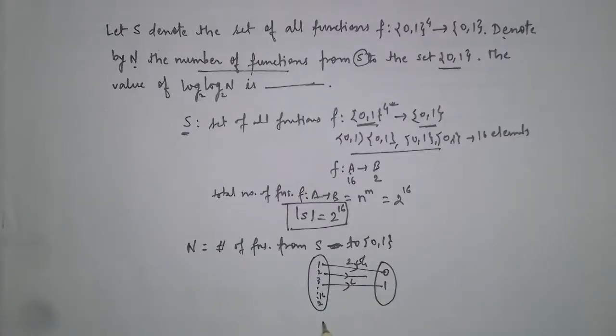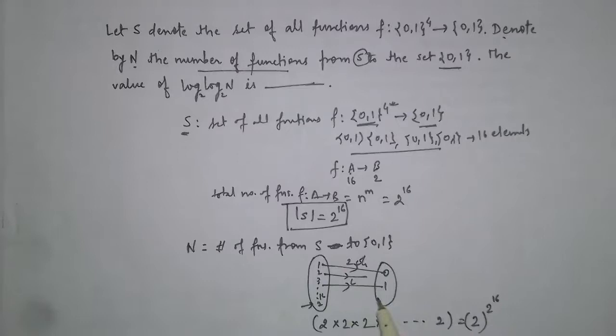So for the first element, 2 choices. For the second element, 2 choices. For the third element again 2 choices. For the fourth element again 2 choices. And for the last element, that is the 2 to the power 16th element, again there are 2 choices. So the total number of functions will be 2 raised to the power 2 to the power 16.